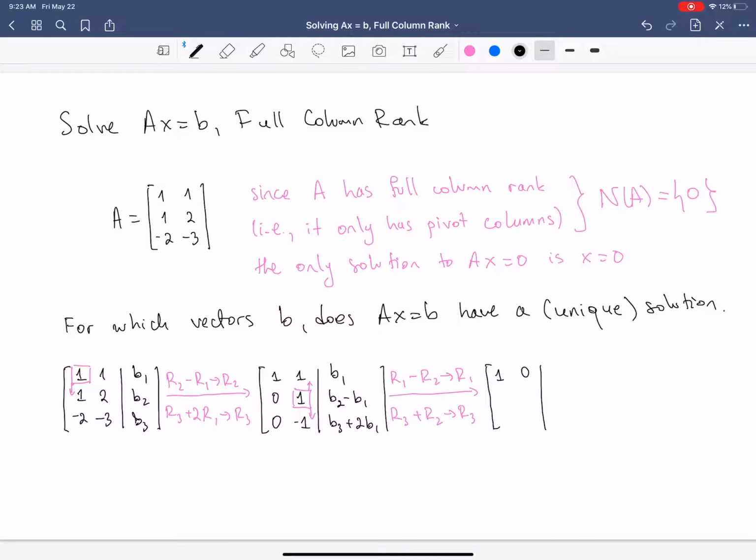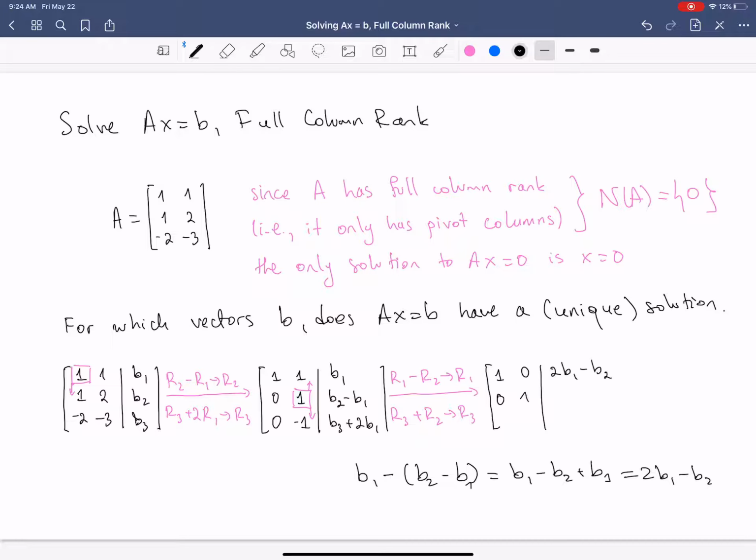I'll write it on the side to take this slowly. When you open parentheses, you get B1 minus B2 plus B1. So really, we have 2B1 minus B2.